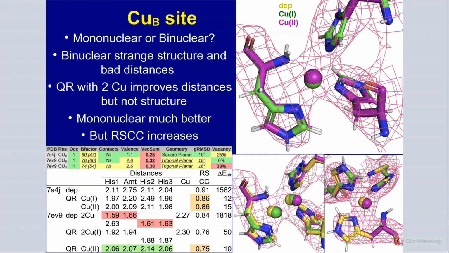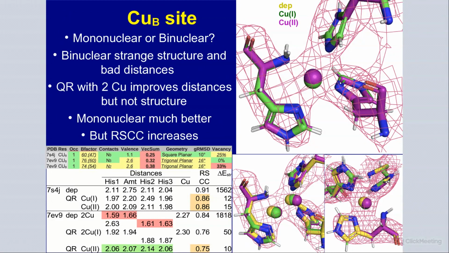And you can see that quite a lot of things happen. In the original structure, there are totally crazy kappa nitrogen distances. And they, of course, improve if we do quantum refinement to more realistic distances. The correlation coefficient goes down, strain energy goes down, but not as much as for the other sites.